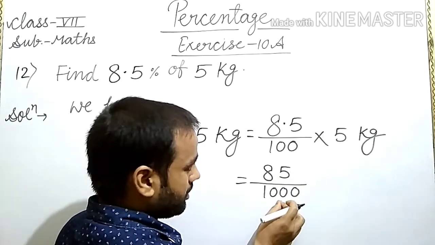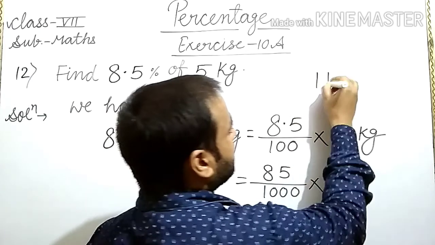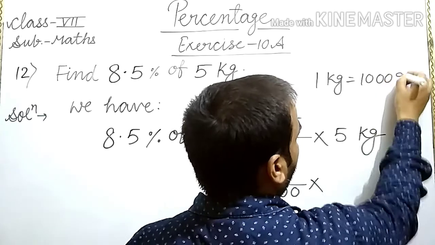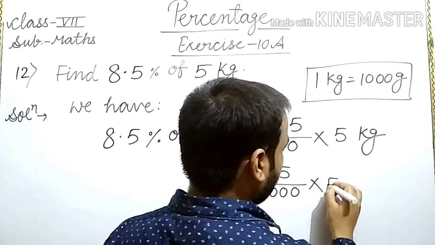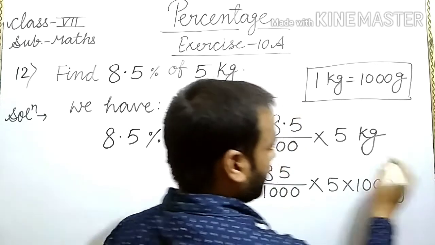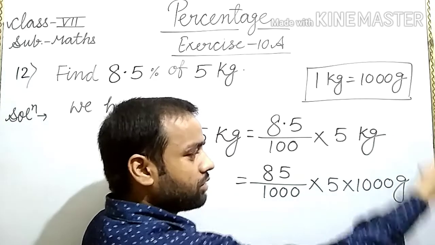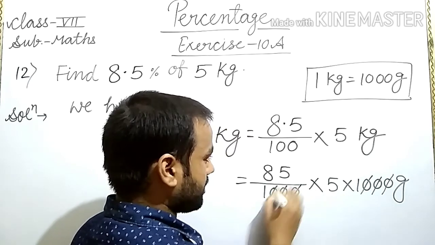100 is already given. We know that 1 kilogram is equal to 1000 gram. Always remember. Here write 5 into 1000 gram. When kilogram is multiplied by 1000, it converts into gram. Here the zeros cancel out.